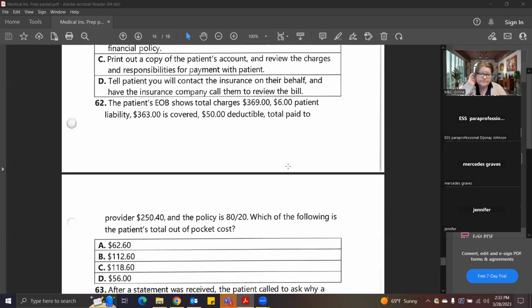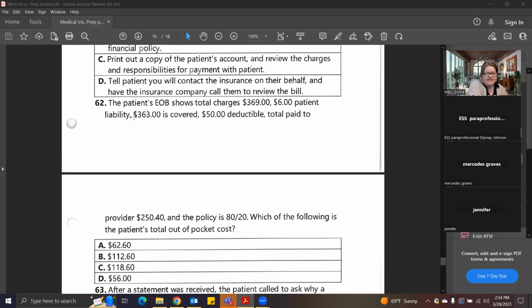All right. So the way they wrote this out is kind of funny, just laying it out there like that, but let's look at it. So 369 was our total charges. We're not worried about that, right? We want the allowed or the covered amount, which is the 363. I'm actually going to write this down.